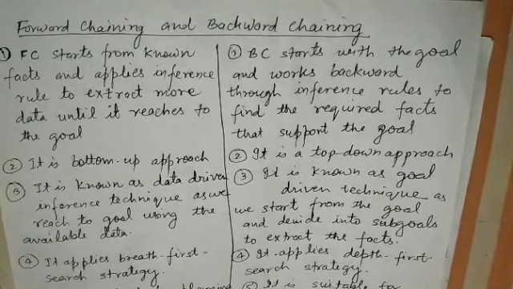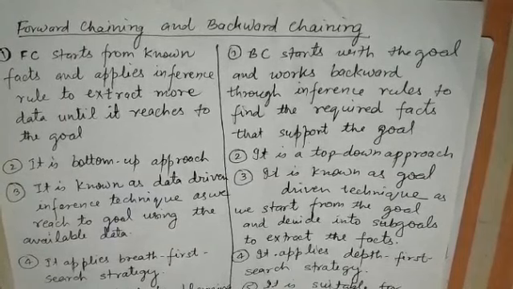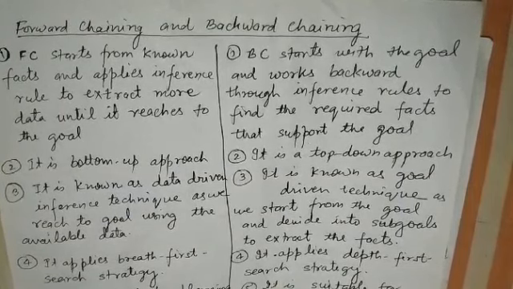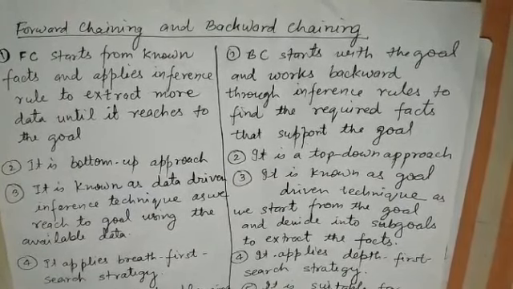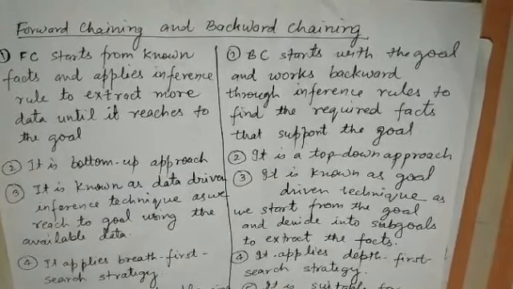In case of forward chaining, the facts and data will be given and some inference rules will be given, and we have to start from the facts and basic rules, and by applying inference rules we have to reach the goal. While in the case of backward chaining, it is a reverse process. The goal will be given, and by using the inference rules we have to find out the required facts that support the goal.